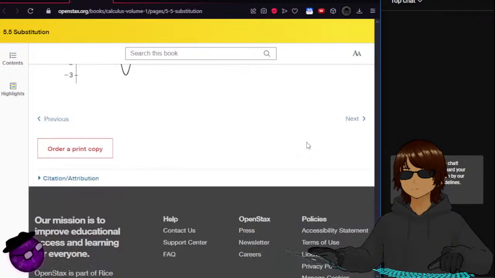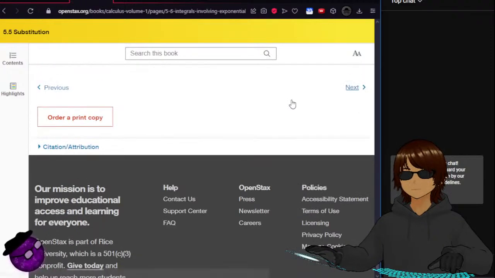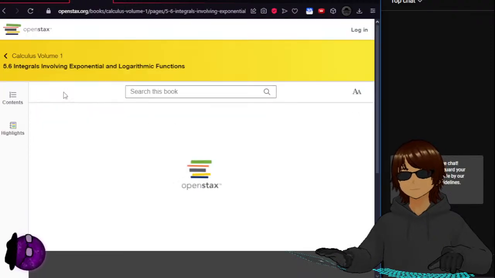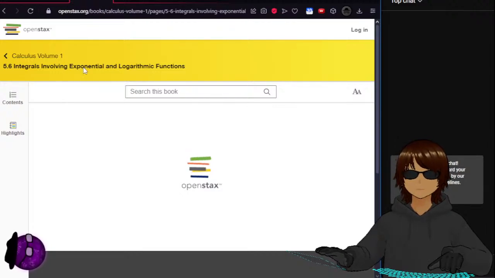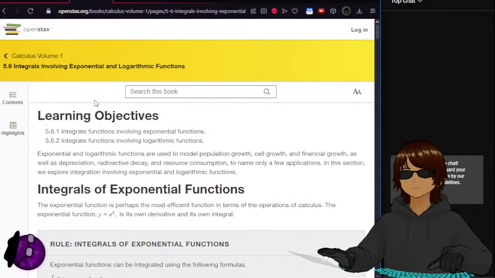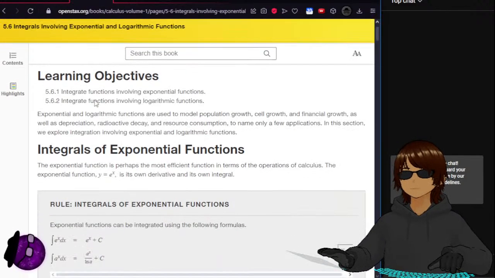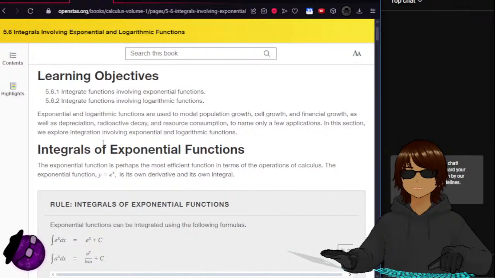Now, integrals involving exponentials and logarithmic functions. The exponential function is perhaps the most efficient function in terms of operations of calculus.